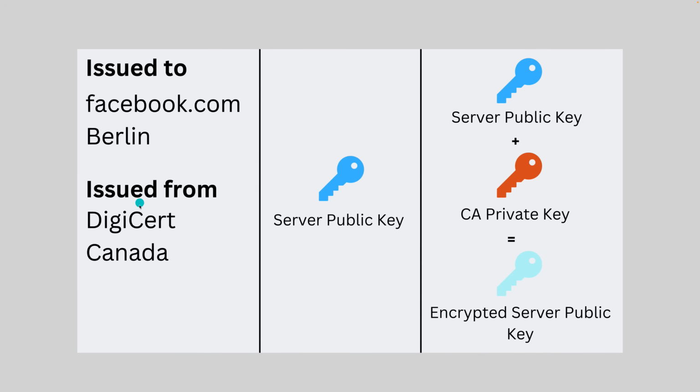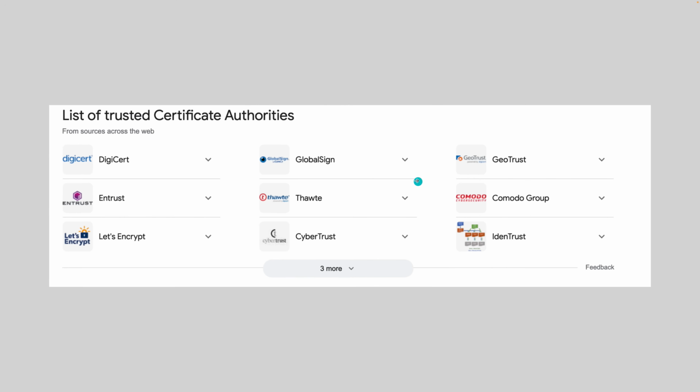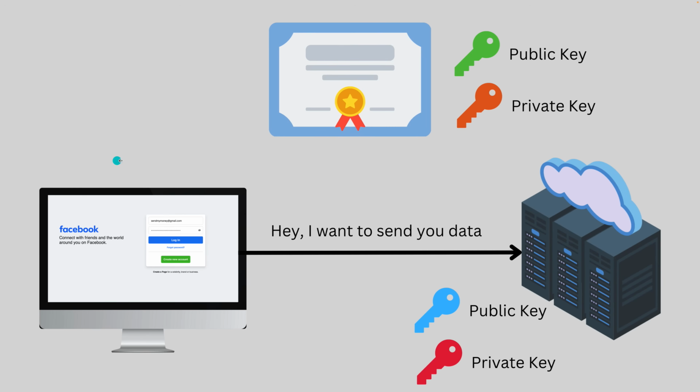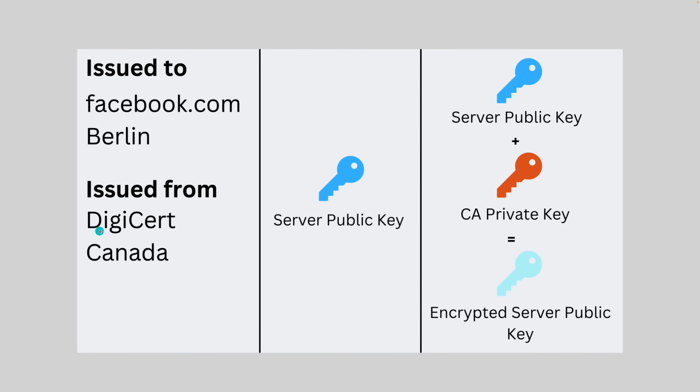And then it's also going to contain information about who is issuing the certificate, the certificate authority itself. Let's just say that the certificate authority we utilize is DigiCert. Over here it's going to contain information about DigiCert and maybe where it lives, like Canada, for example, as well as some other information that I just decided to omit. All right, so that is the first part of this certificate.